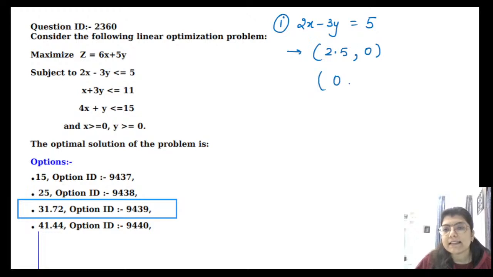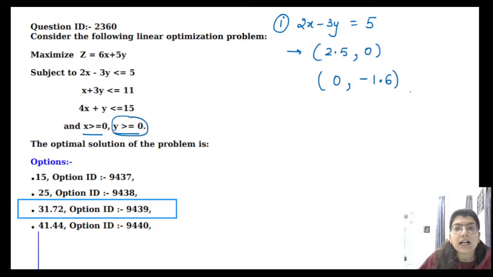Then I'll be getting something in negative. Okay, but if you see, they have clearly mentioned that x has to be greater than 0 and y has to be greater than 0. So because of this condition that y has to be greater than 0, I cannot include a negative number in my coordinates. So this I will remove.